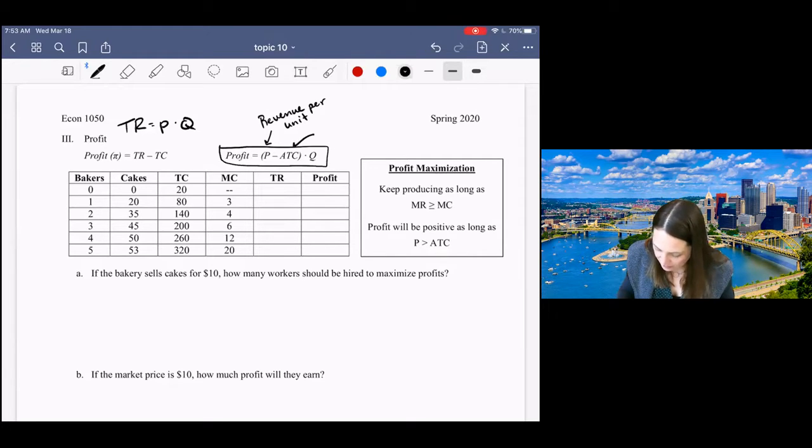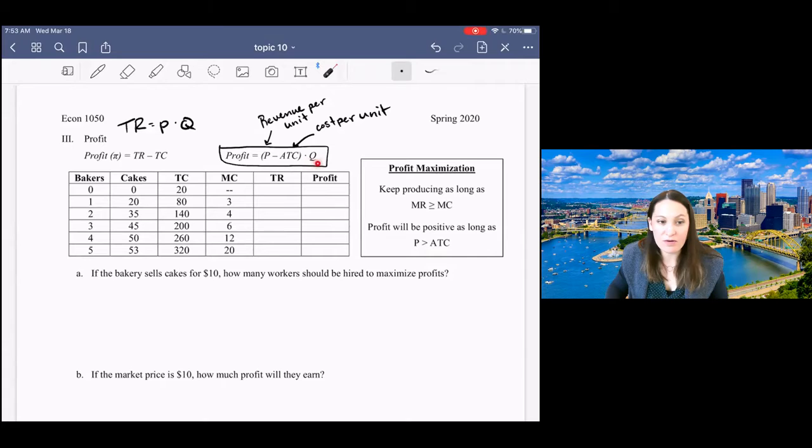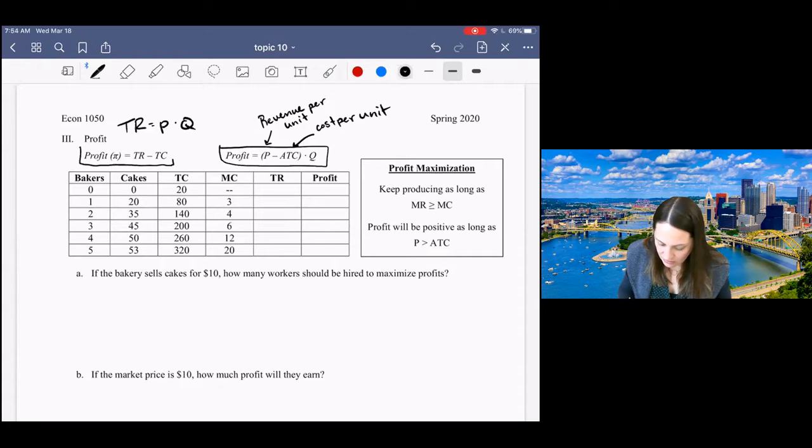And average total cost, of course, is cost per unit. And so if we take our revenue per unit minus our cost per unit, then we are left with profit per unit, and then we multiply by the number of units we sell to get total profit. These two equations are the same equation, just written differently, and each will be useful in different situations.